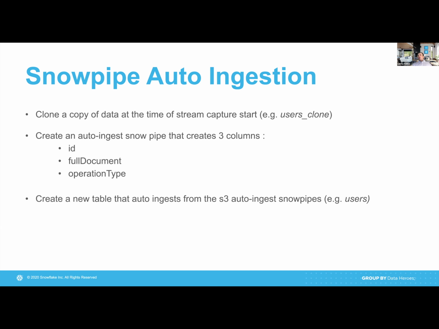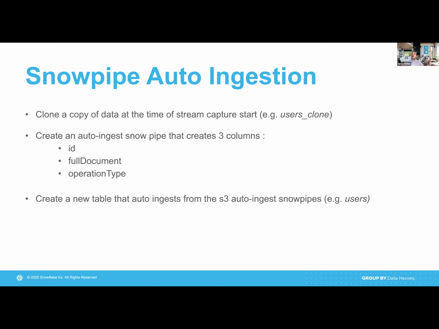So let's take users as an example. We have a clone of all our users called users clone. We create a new table called users, and we ingest into this table these 3 columns from our S3 bucket that, if you recall, has 10 changes, and then there are more and more files created.